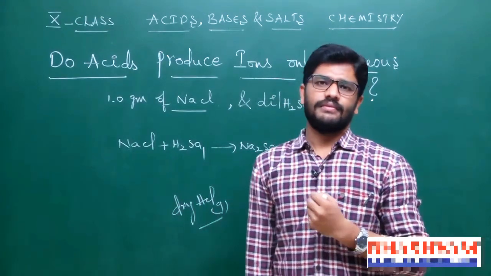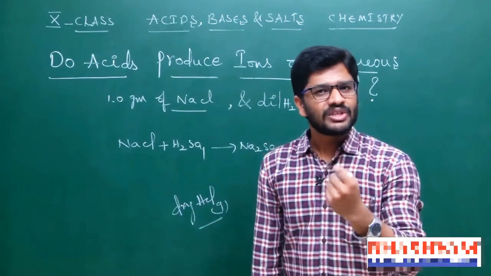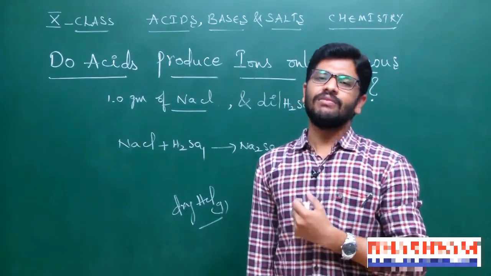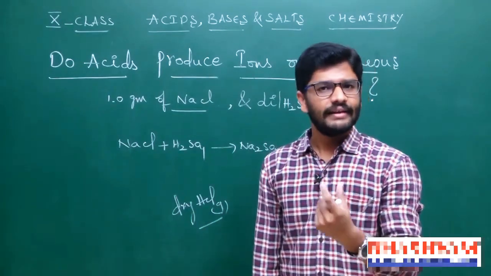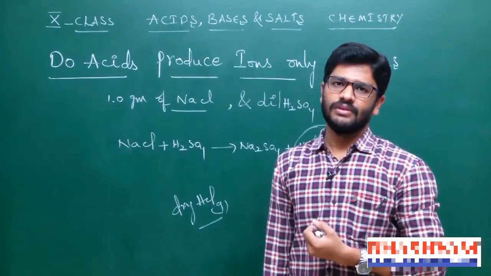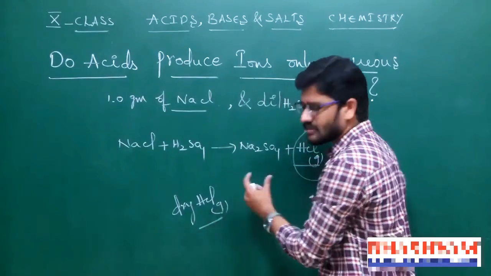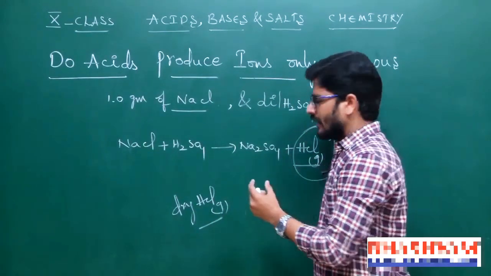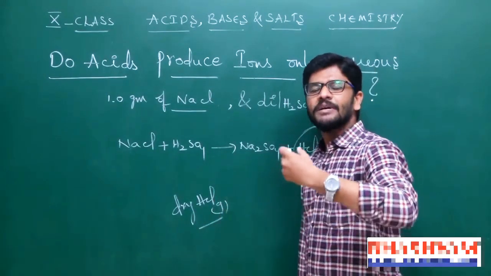Otherwise, when the acid substance is dissolved in water, then it can produce H+ ions. Now this dry HCl gas can't change the blue litmus paper into red.